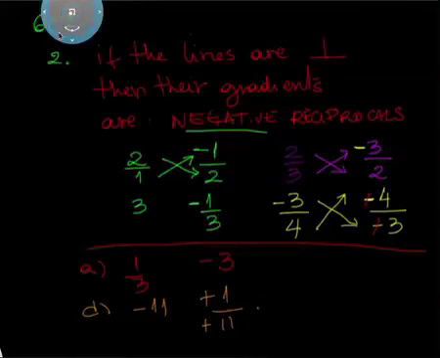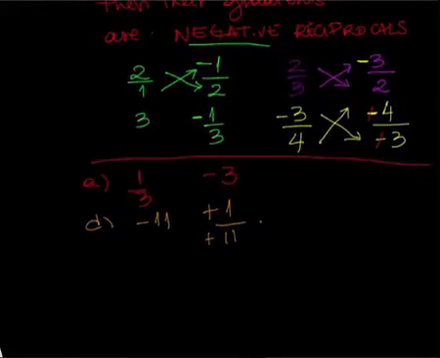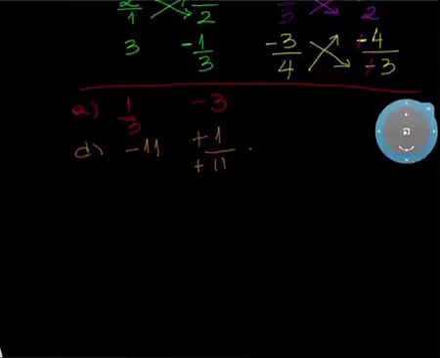Now, what happens when we are working and the question says that my line has an undefined gradient? When does that happen, that my line has an undefined gradient? Here we're talking about some simple cases.